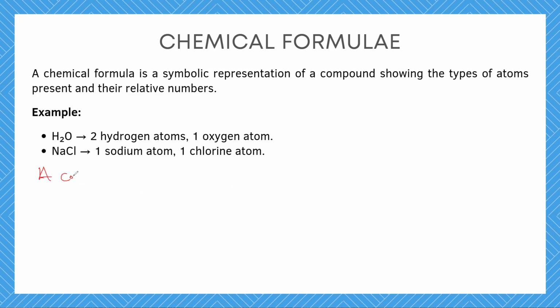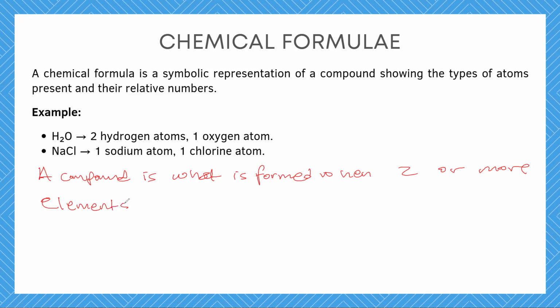A compound is what is formed when two or more elements are chemically joined together. Have you written that down? Just writing it now. All right, beautiful. When you're done writing it, let me know so we can proceed. Okay, are you done? Sorted.